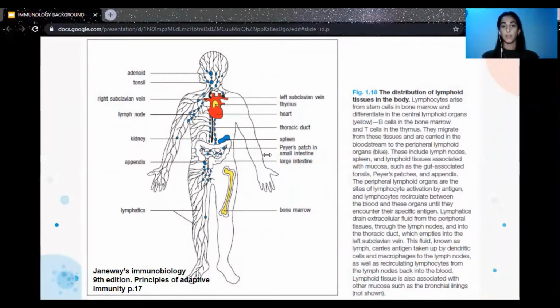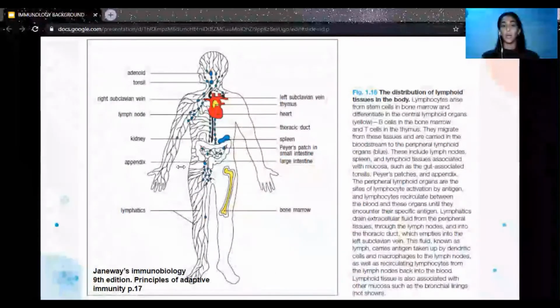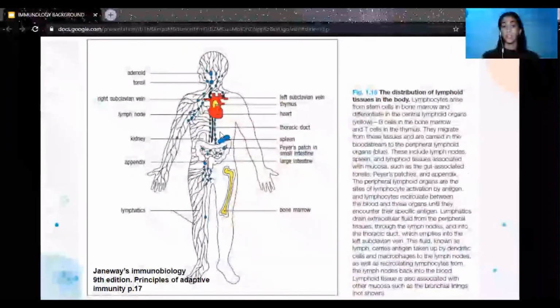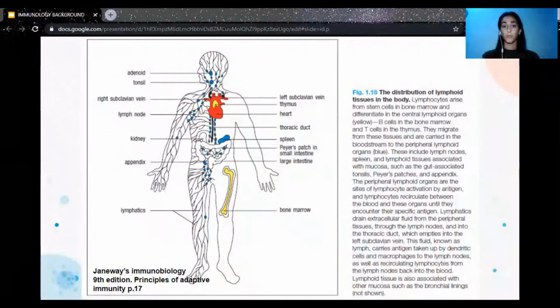I hope you can see my mouse. Here in yellow is the thymus, and here inside the femur, for example, is the bone marrow. Then we have the secondary or peripheral lymphoid organs that comprise the lymphatic nodes, which are distributed along the body, and the spleen, which is localized in the left lumbar region of the abdomen, here in blue.